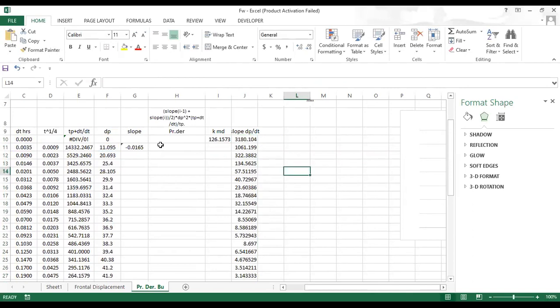Okay, this is about the slope, and this is my pressure derivative.